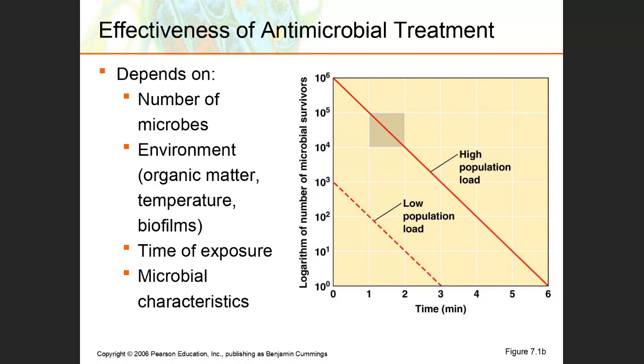When it comes to the environment, often the environment contains organic matter, and as we'll learn, your chemical agent can bind to the organic matter and become neutralized. So it's not effective. So trying to disinfect something like feces is a lot harder to do because you've got to be able to penetrate all throughout the feces to kill the bacteria.